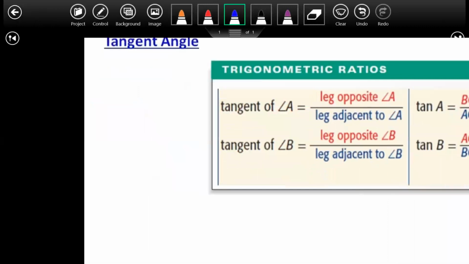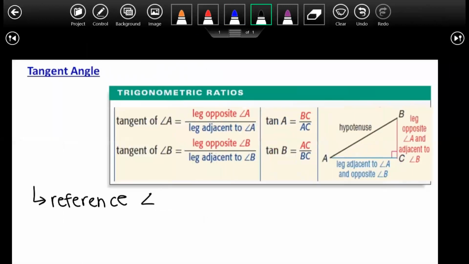Our reference angle is the angle we're going to use to solve.